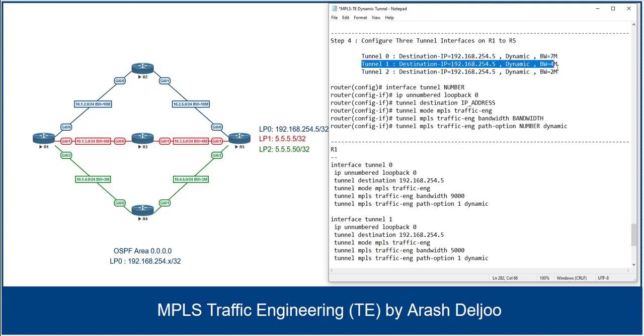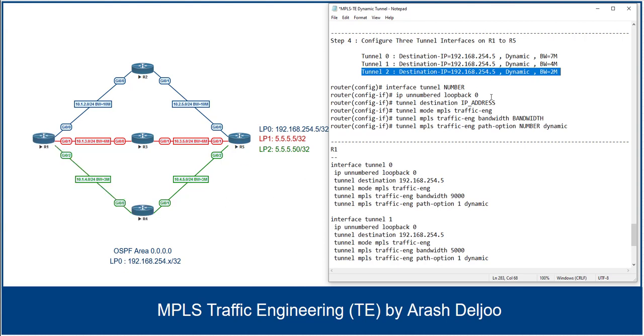But tunnel 1 needs 4 megabit per second. It means that it will choose the red path, because the blue path doesn't have enough after reserving 7 megabit per second, and only the red path can provide this amount of bandwidth. The green path, or tunnel 2's requirement, is 2 megabit per second, and after the reservation, the green path will provide this amount of bandwidth.